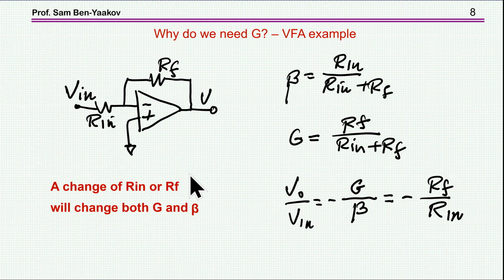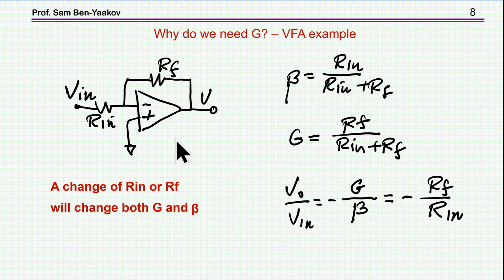It is important to emphasize that there are many circuits with feedback that you cannot analyze in a simple way if you are not introducing the G. And I'm demonstrating it here with this inverting amplifier.